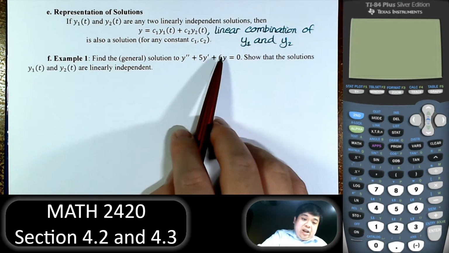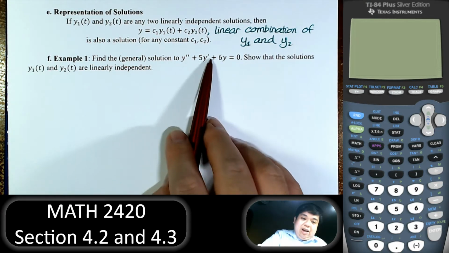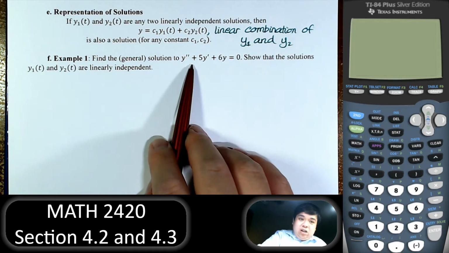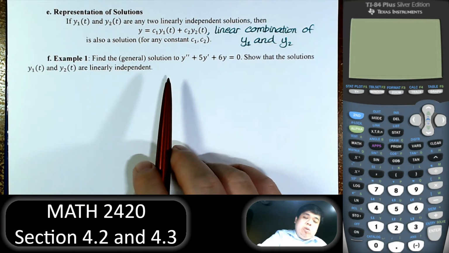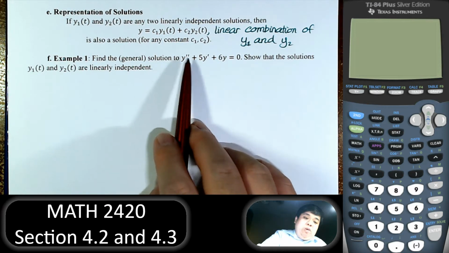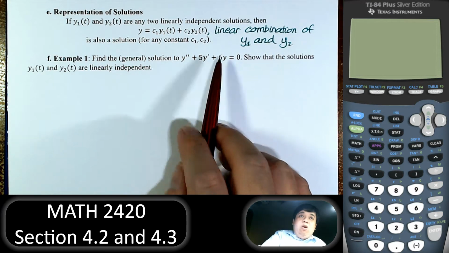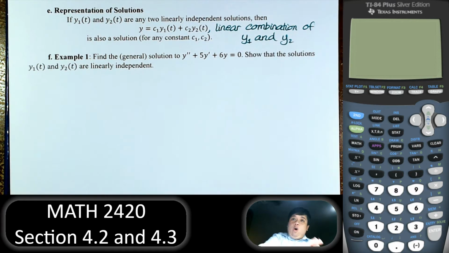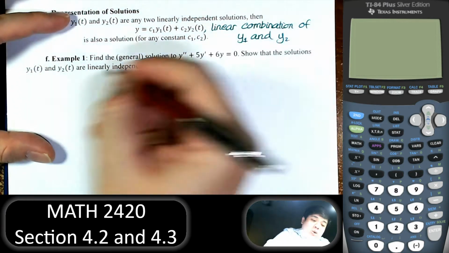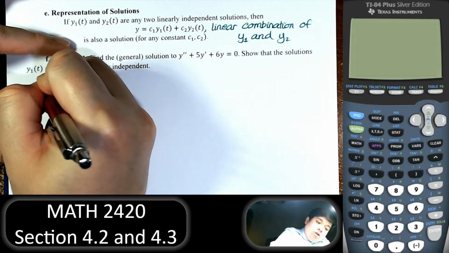Linear, check. They don't have any function of y, I mean y prime and y double prime. Coefficients are constant, which is good. The right hand side equals 0, meaning it is homogeneous. When all of that checks out, this equation corresponds to the auxiliary equation.